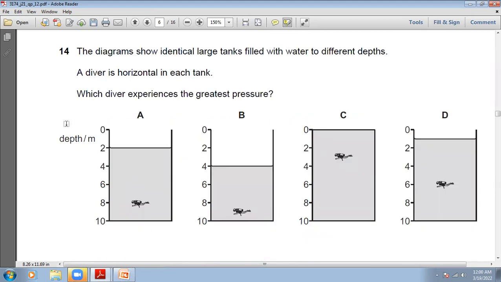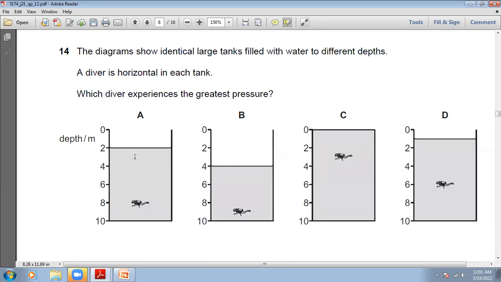He says the diagram shows identical large tanks filled with water to different depths. A diver is horizontal in each tank. Which diver experiences the greatest pressure? The greatest pressure will be experienced by the diver above which the depth of the liquid is the largest.